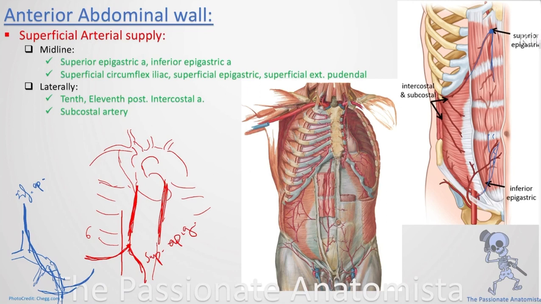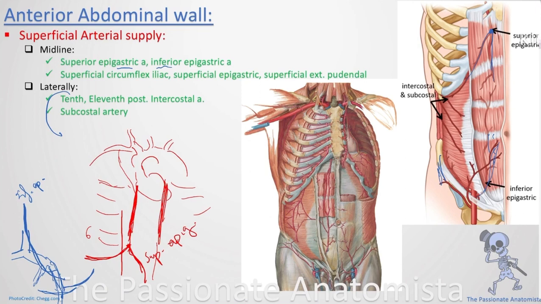Now the deep circumflex iliac will give you a deep arterial supply laterally. So you have superior epigastric, inferior epigastric, and also remember, our friends from the thoracic cage will also help us in innervation and in the arterial supply. So we will have blood supply from the 10th and 11th posterior intercostal arteries and the subcostal artery.